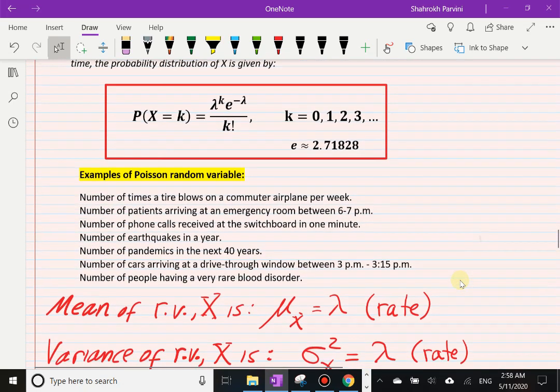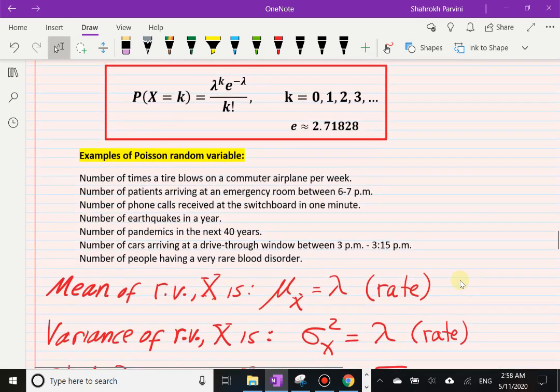Now, the mean and the variance, interestingly, of a Poisson random variable are both the same as its rate, lambda. For example, accidents occur at the rate of 5 per day at a given intersection. So how many accidents would you expect to see in a given day?